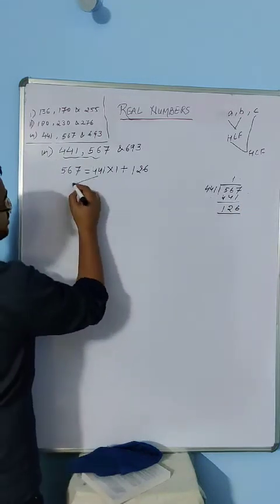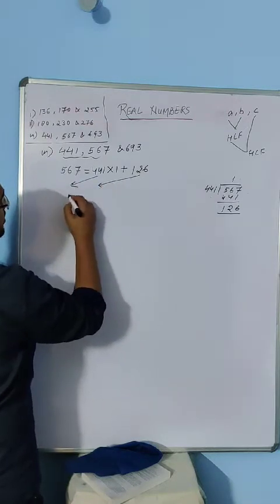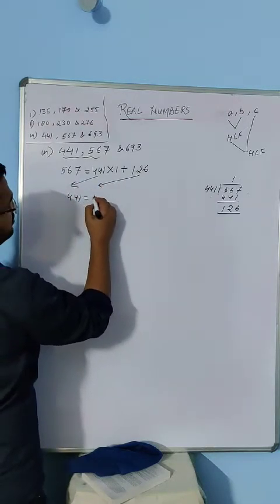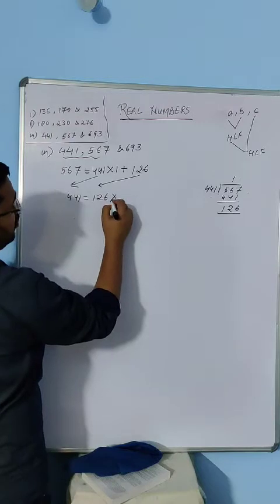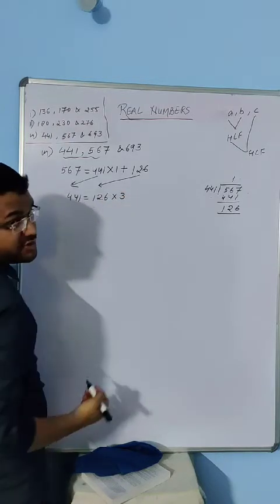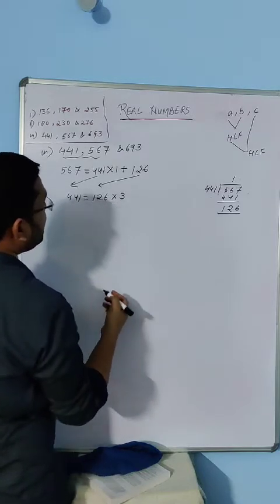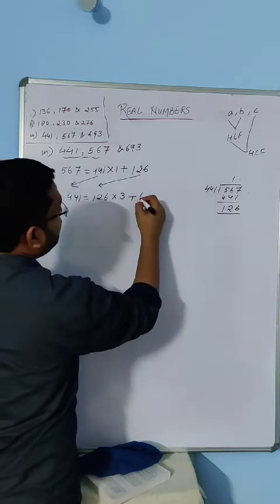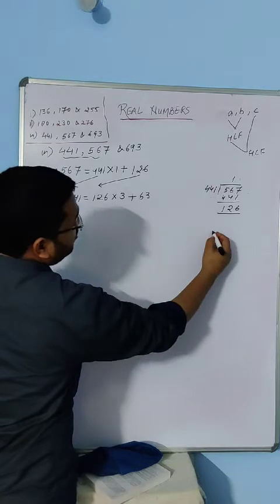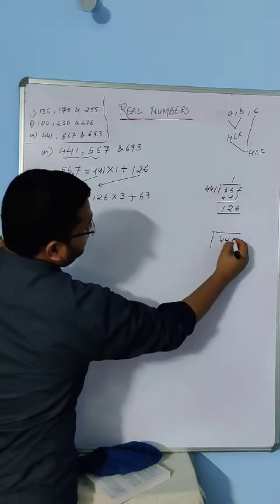Now, the divisor becomes the dividend and the remainder becomes the divisor. Now 126 goes 3 times. It becomes 378 and giving you a remainder of 63. In case you have any doubt, again you can go that way.